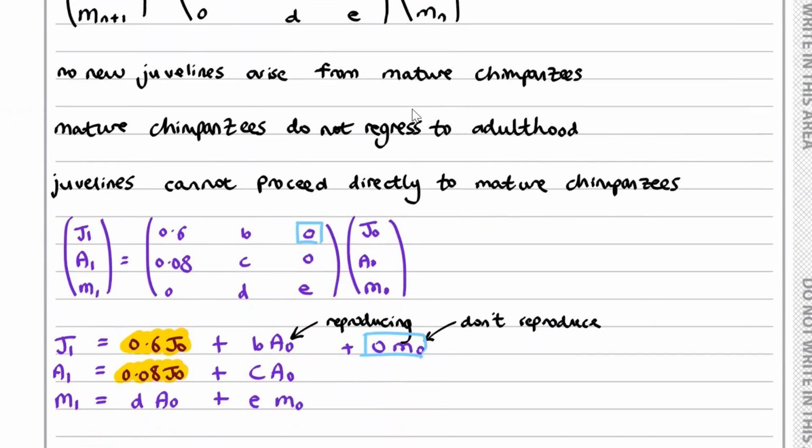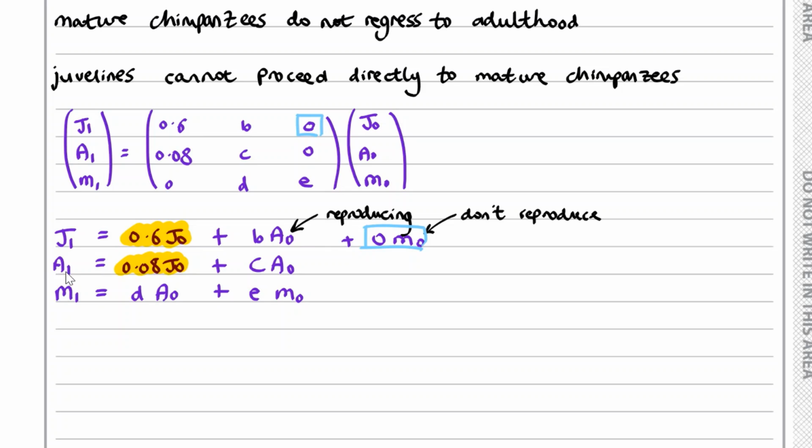So just bear that in mind for this next statement. The number of adults in the first year is equal to some proportion of the initial juveniles. And the reason we say this is these guys are growing up into adults. And then we've got the fraction of adults which remain, which is this CA0. So just bear that in mind.